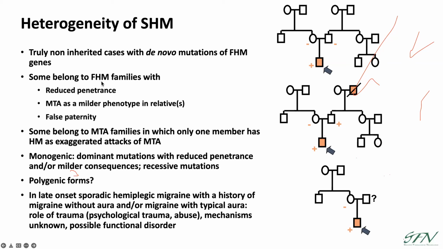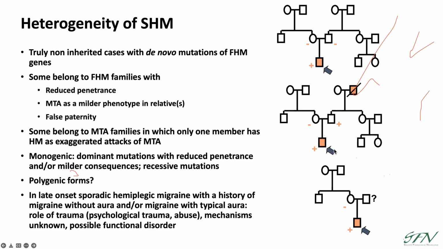Sometimes familial hemiplegic migraine has a reduced penetrance. And here, if this grandfather died early, his son does not know that the father had some attacks of hemiplegic migraine. In some patients, they have only 1 or 2 attacks in the whole life. And then here, the boy has hemiplegic migraine attacks, but nobody knows anymore in the family that the grandfather had some attacks.